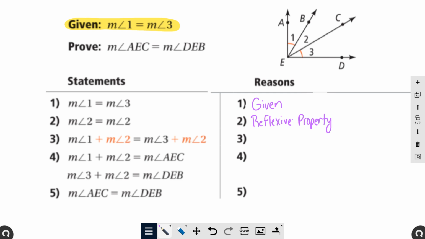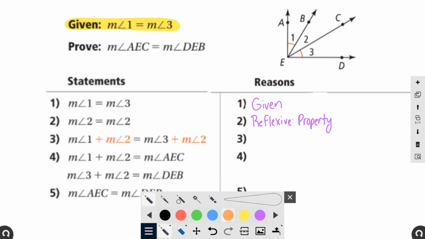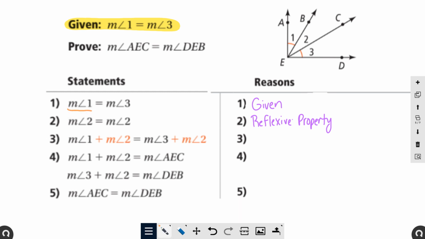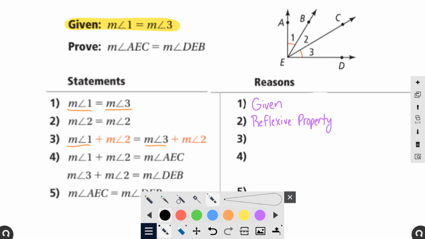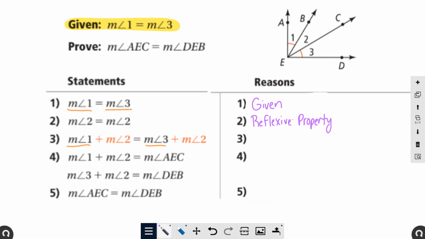Now, up on the board, it's kind of in red, and I think on y'all's paper, although it's printed black and white, it does look like it's a little lighter than the other. So what happened to get this statement? Now, this one's kind of hard to see, but if you look at this statement above, we have angle 1 equals angle 3. So here's angle 1 equals angle 3, but now we have angle 2 added on both sides. So what's it called when you add the same thing on both sides?